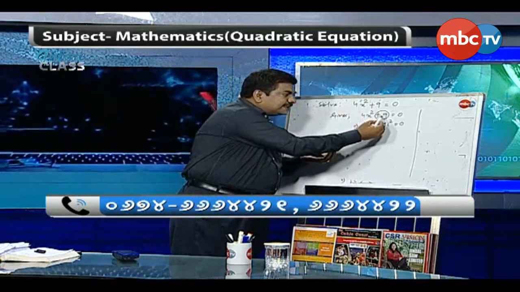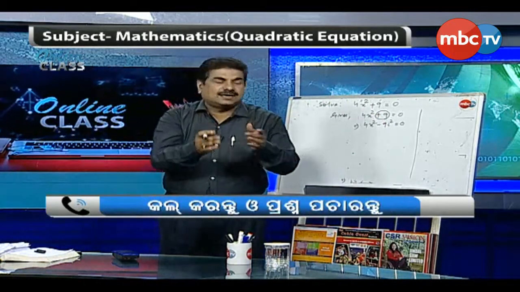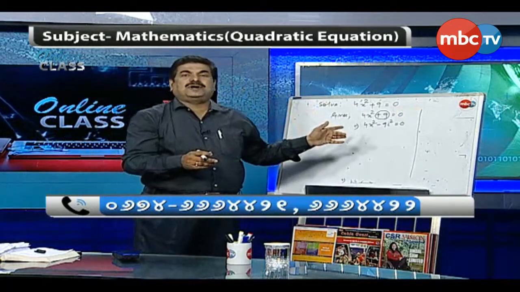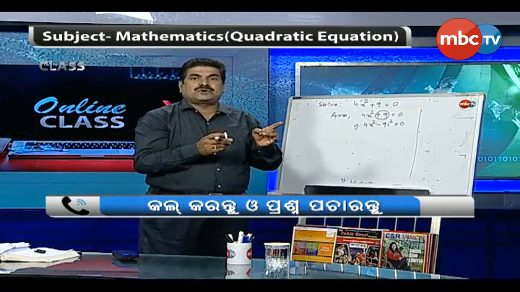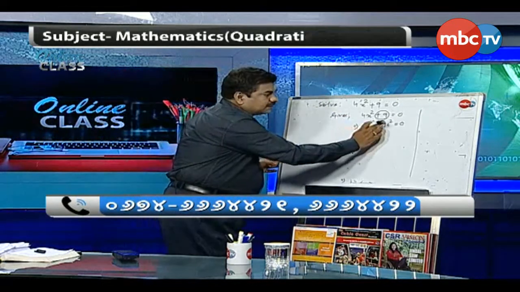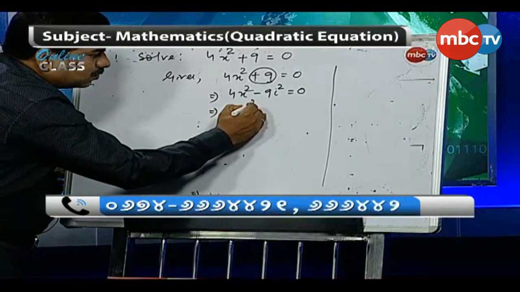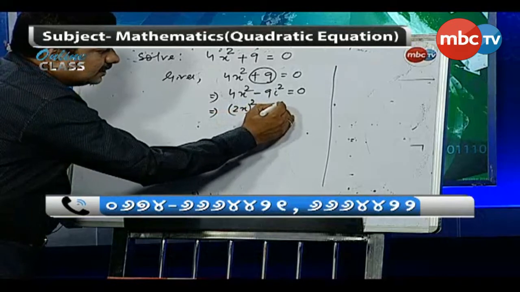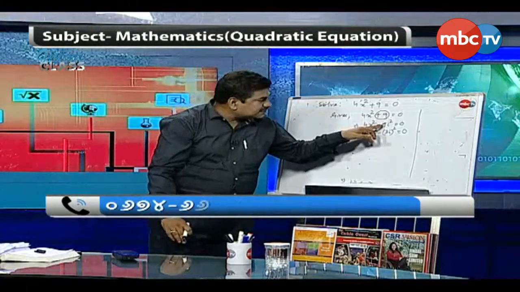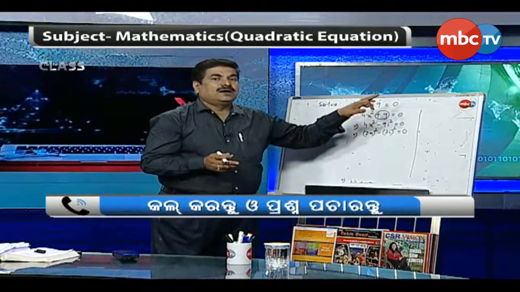Instead of plus 9 we can write this as minus 9i square, because I have already explained that the value of i square is equal to minus 1. So this is equal to (2x) whole square minus (3i) square equal to 0, because 9i square is (3i) whole square.